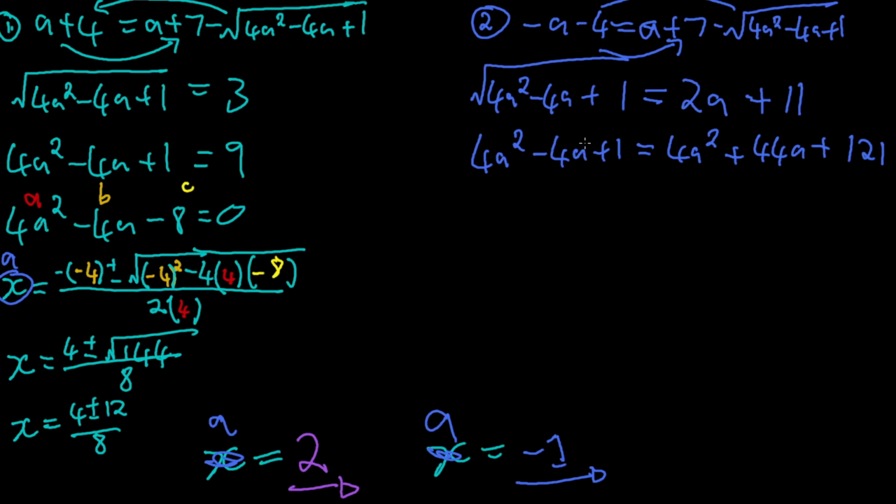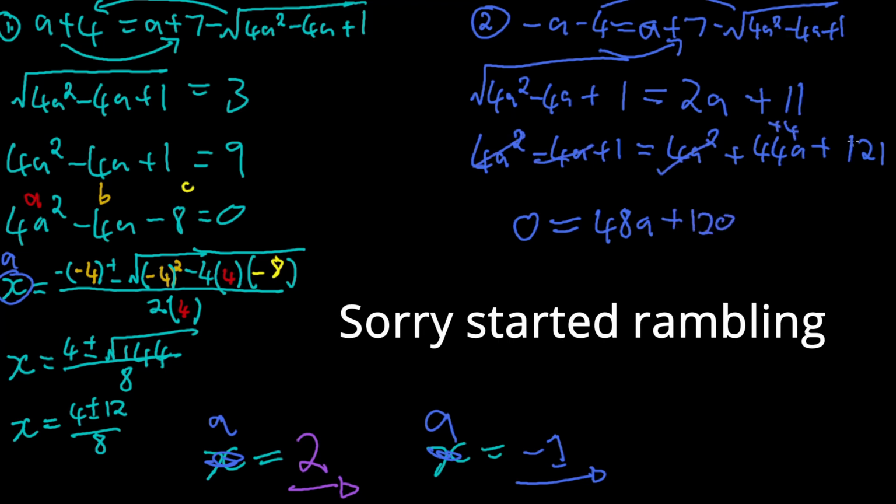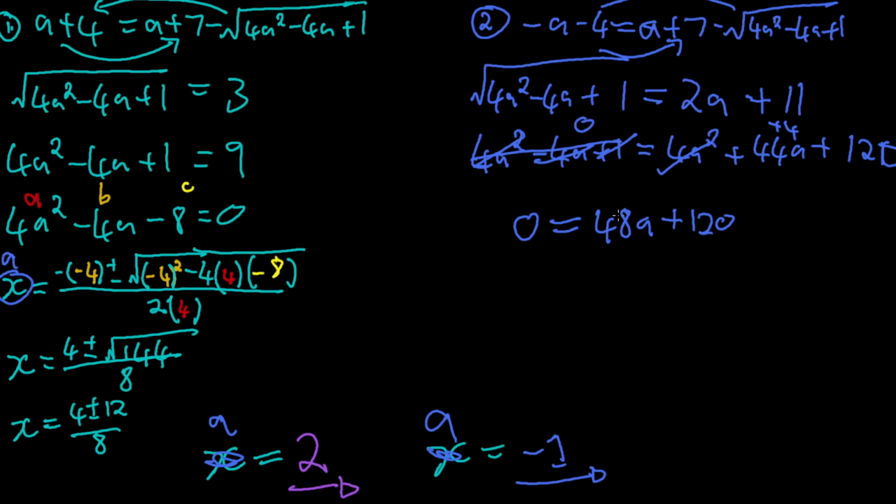Then if you add 4a on both sides, you get 0 is equal to 48a, sorry, I'm explaining this terribly, plus 120. And then as you can see, a is equal to 120 over 48, which is equal to negative 2.5.